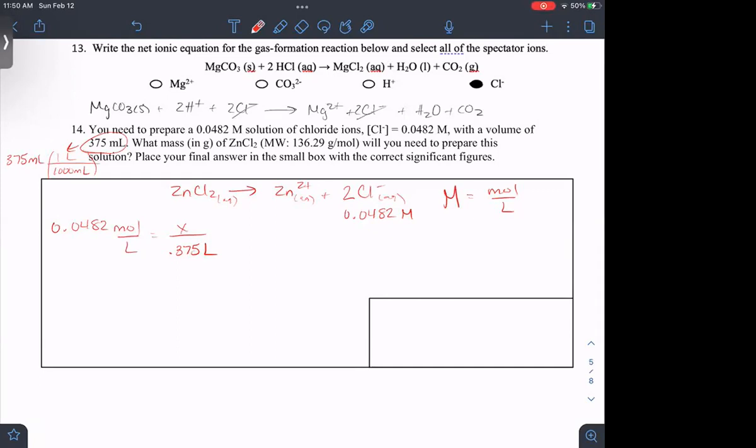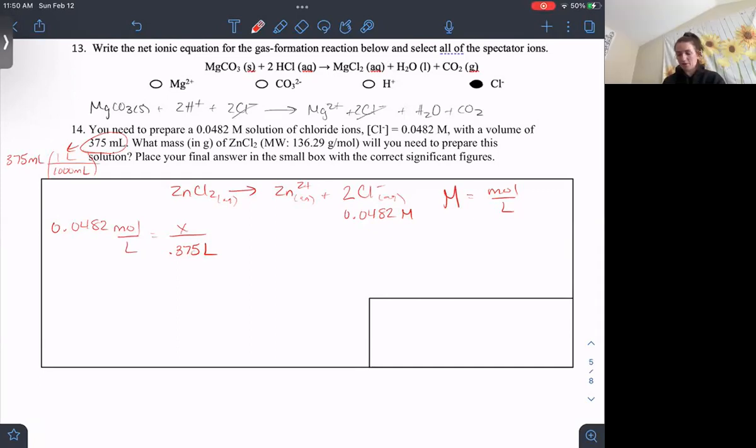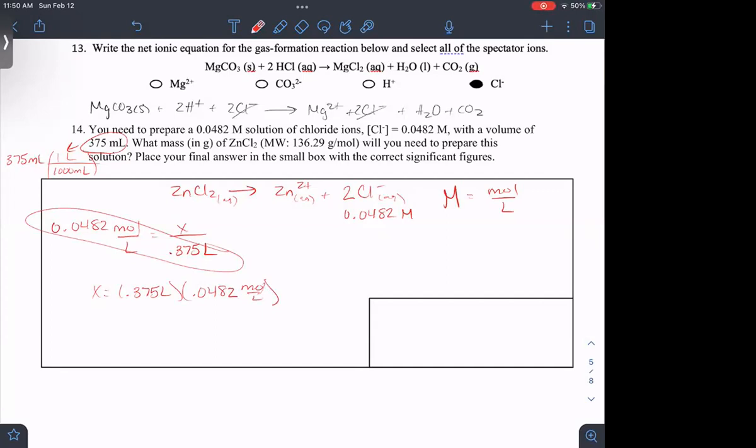Okay. So now that we have our concentration in moles over liter, and we have our liters, we can cross multiply, right? And we can say that X will be equal to 0.375 liters times 0.0482 moles over liters. What units cancel out here? The liters.